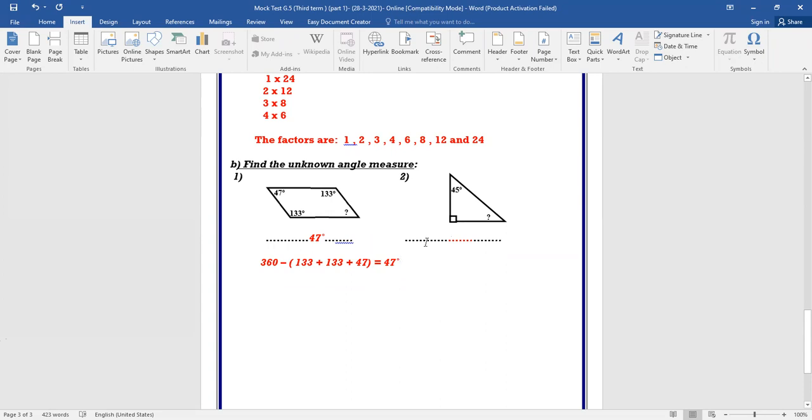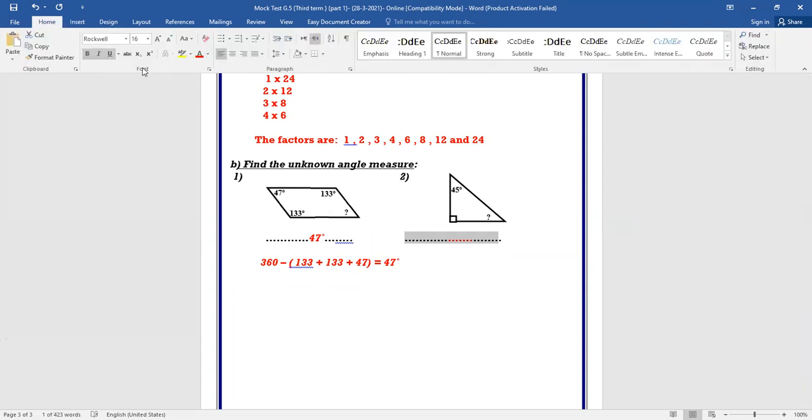This triangle, what is the sum of the measures of the angles of the triangle? 180. Then to find the unknown angle here, we subtract 180 minus 45 and 90, because we have a right angle here, 90.